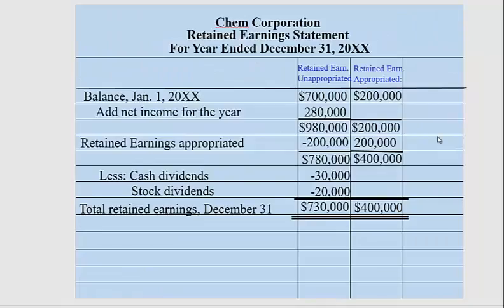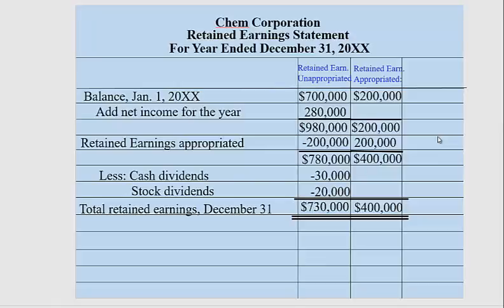Next, we'll examine the retained earnings statement. The retained earnings statement is very similar to a sole proprietorship statement of owner's equity. The retained earnings statement shows the change in retained earnings accounts over the year.